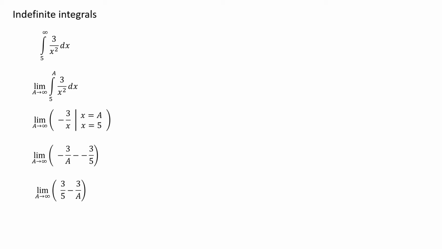Doing a little algebraic simplification leads me to this limit. Well, what is happening to this expression as a approaches infinity? Let's do the limit. This term on the right is becoming 3 over bigger and bigger and bigger numbers, and hence is approaching, or tending to, 0. So this limit is therefore 3/5 minus 0, and of course that's 3/5, and that's the answer to this problem.